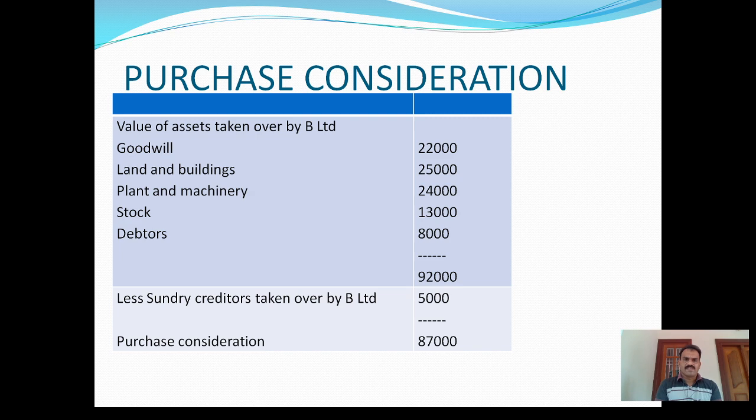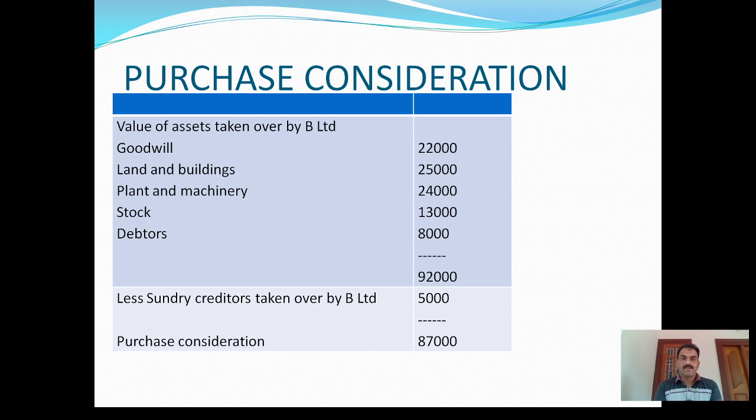So the purchase consideration is calculated. Value of assets taken over by B Limited. Only the assets taken over by B Limited will be taken. Cash is not taken over here. What is the reason? Because it is not taken over by the acquirer company. So goodwill 22,000, land and building 25,000, plant and machinery 24,000, stock 13,000, debtors 8,000.